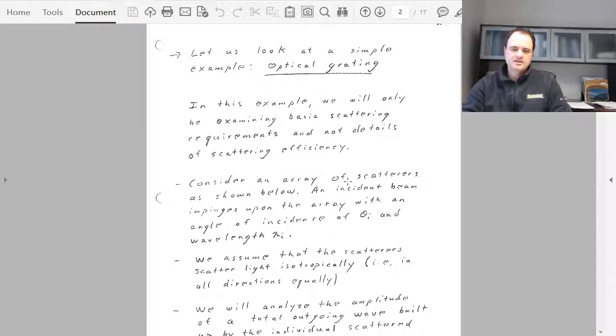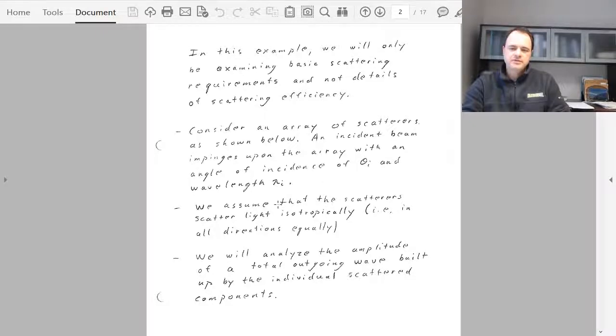We won't dig into the details of how well a particular scatterer scatters a wave. We just assume that it does, and that's all we really need for now. We'll get into more of the details in a later lecture, but we have more than enough to do with a higher level treatment of wave scattering off periodic materials.